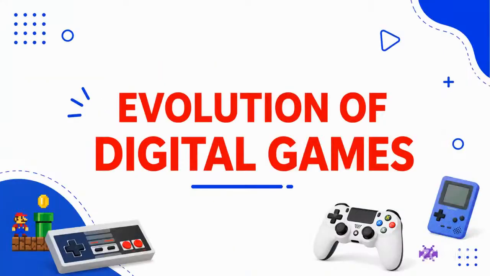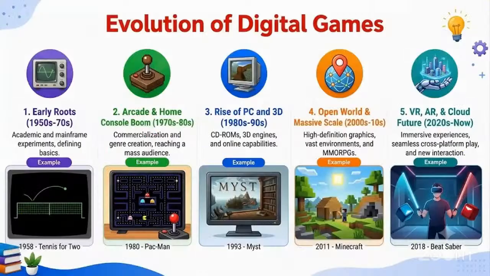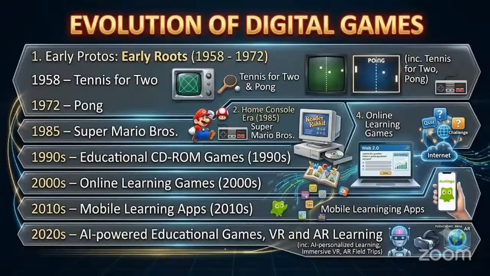So let's see the evolution of digital games. The digital games started during the 1950s itself. And here you could see from the year 1958, a tennis game that could be played on PC was started. And then 1972 Pong game.